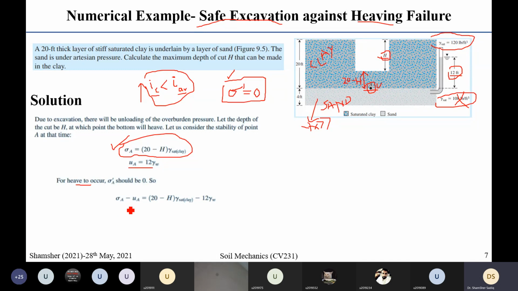So sigma A minus U A, which is the effective stress, you put equal to 0, and simply by rearranging this equation you can calculate the capital H. Again, if there would not be any gravel or sand at this location, we don't need to perform these calculations. Any question related to this problem?